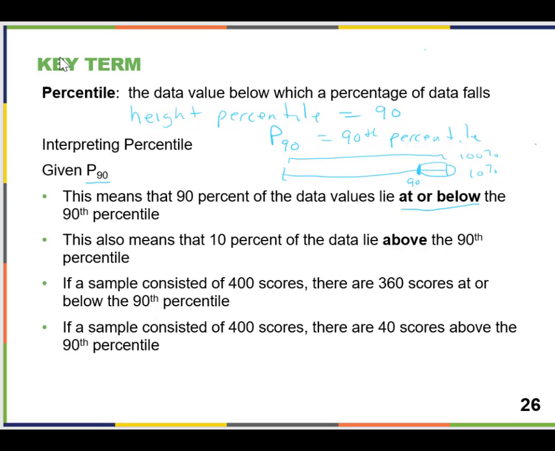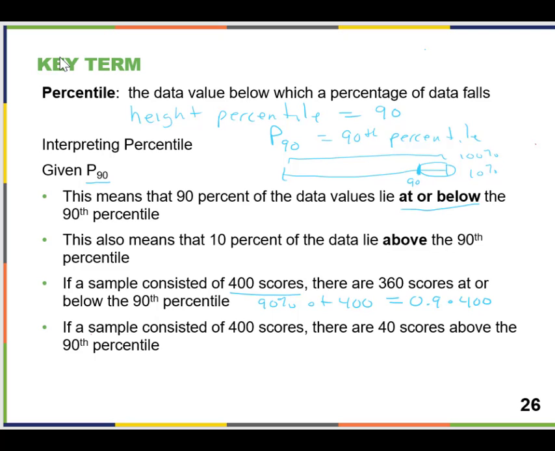And you can use that percentile to actually calculate how many scores are above or below. So if you had a sample of 400 scores, there are 360 scores at or below the 90th percentile. You would do that by finding 90% of 400, and if you remember how to do percentages, that's 0.9 times 400.